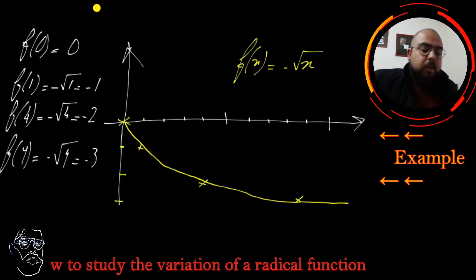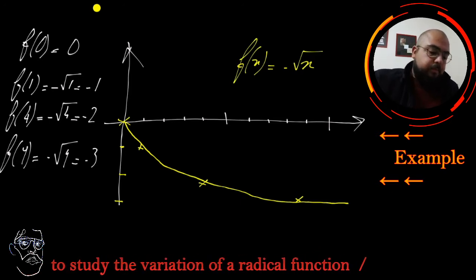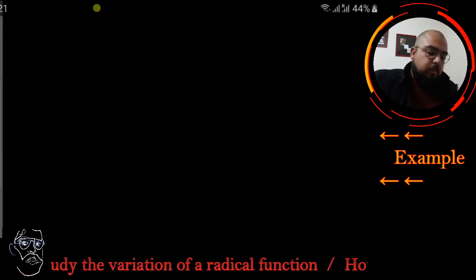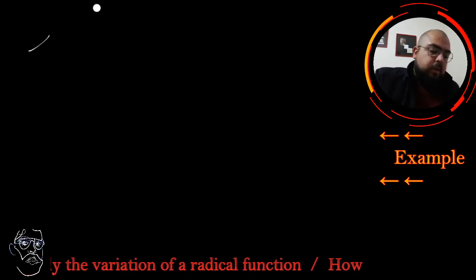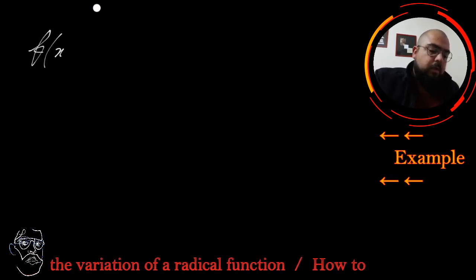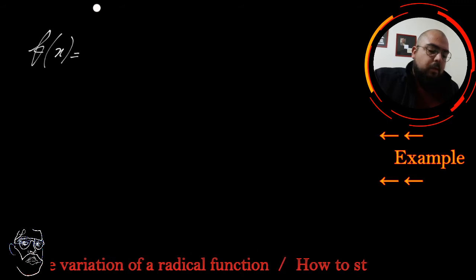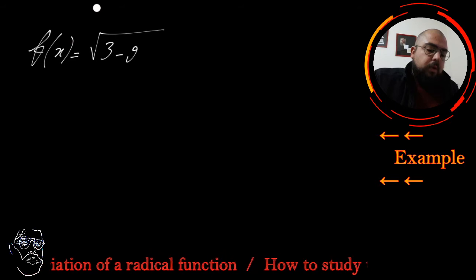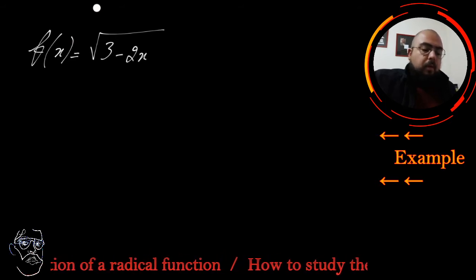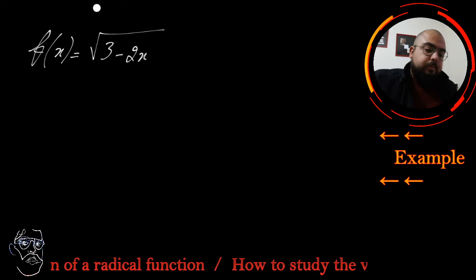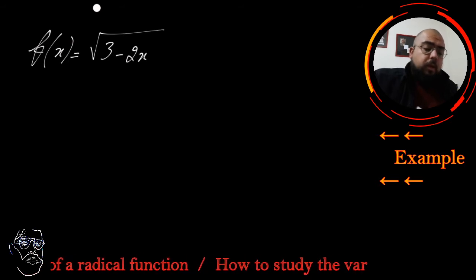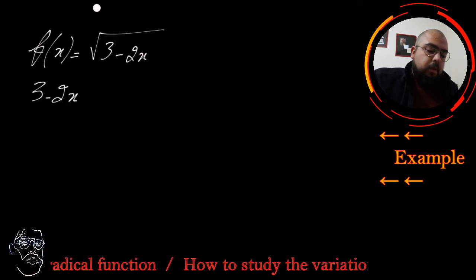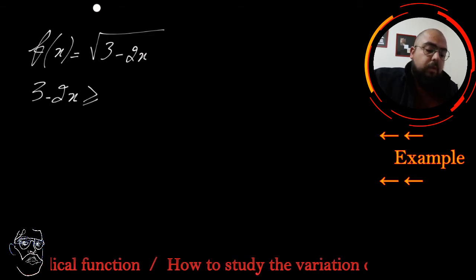I'm going to take a final example. When you have your function, let's say f of x is equal to square root of 3 minus 2x. Now in this case you will have to say that 3 minus 2x should be greater or equal to 0.